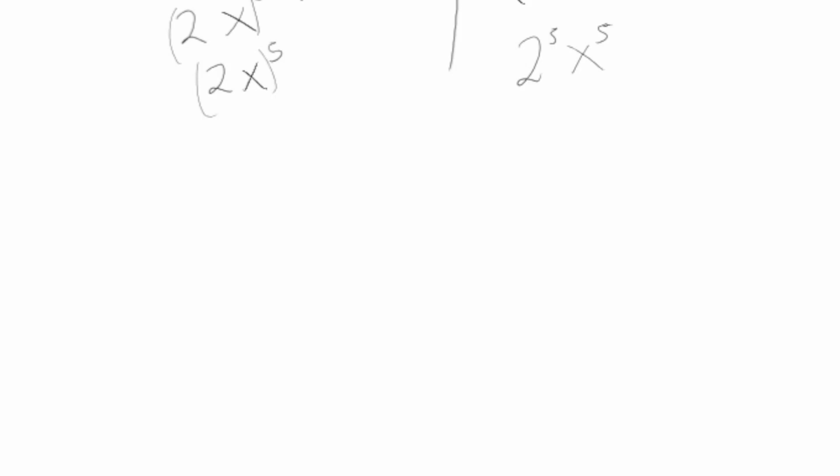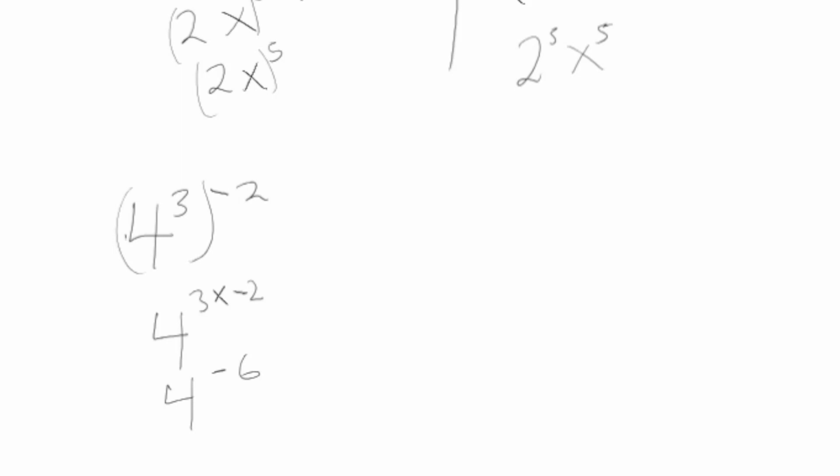What about this one: 4 exponent 3 in parentheses, all to the negative 2. If this happens, then you multiply the exponents. So you're going to get 4 exponent 3 times negative 2, which will give you 4 exponent negative 6.